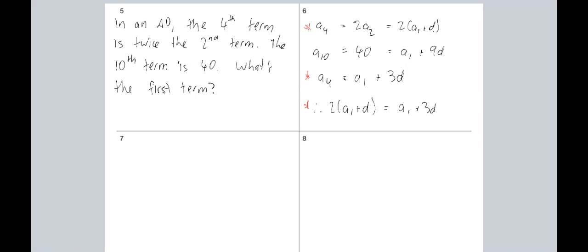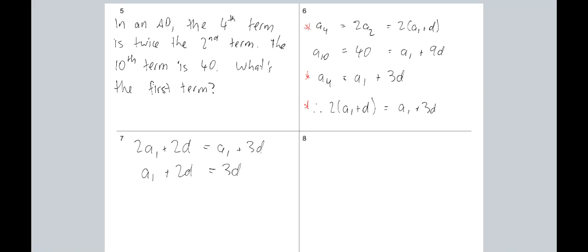Shall we simplify it? Shall we collect all our like terms together? So all the A1s together and all the Ds together. So I'll expand that first. So that would be 2A1 plus 2D is equal to A1 plus 3D. So if I subtract A1 from both sides, I'll get A1 plus 2D equals 3D.